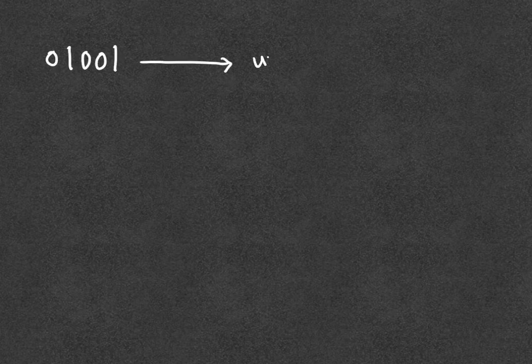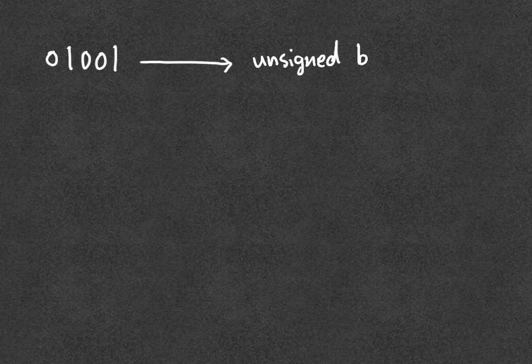For example, if you have 0 1 0 0 1 in unsigned binary, what's this number in decimal? This is going to be 9.